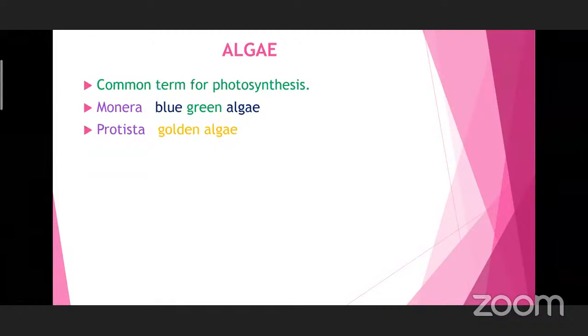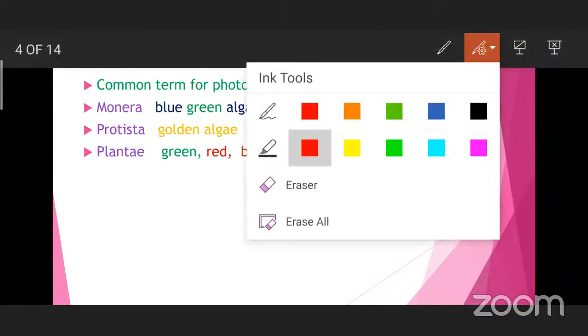Protista. In Protista also you have the golden algae, the fire algae, diatoms. These are unicellular but eukaryotic cells, unlike the monerans. And the third type, the Plantae. In the Plantae kingdom, you will be seeing the green, red, brown algae.